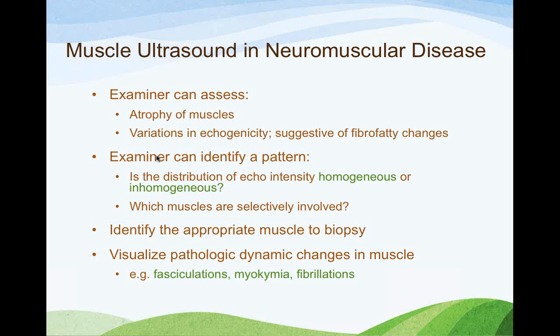It could be related to radiation damage. And so that's something that can also be picked up on. And fibrillations can be associated with neurogenic disorders or related to the nerve, or it can be related to inflammatory myopathies, things that have a lot of active inflammation and muscle degeneration. So you can actually see all of these.